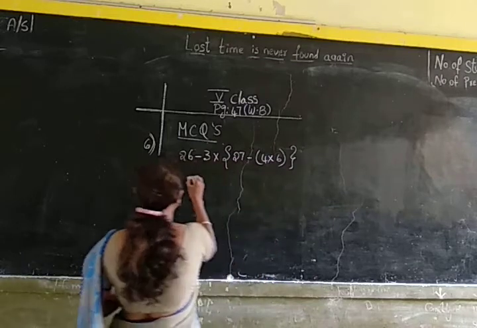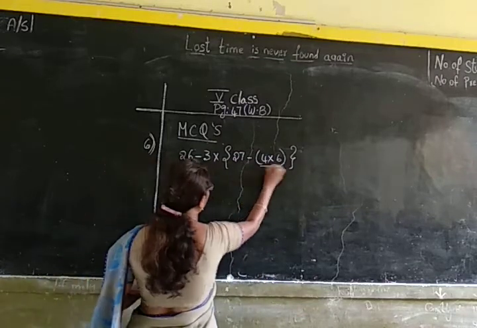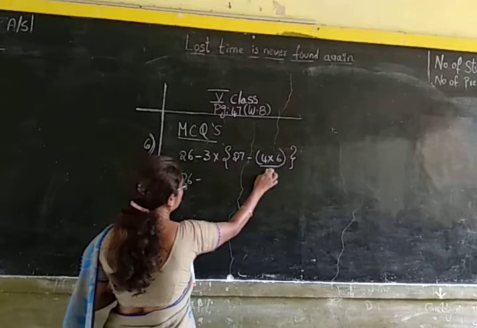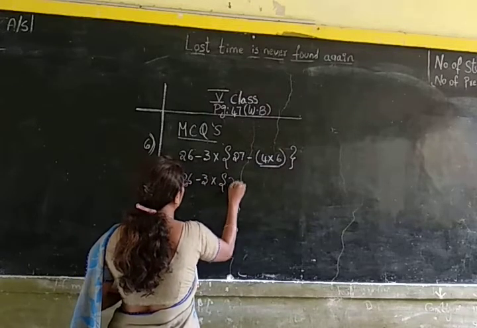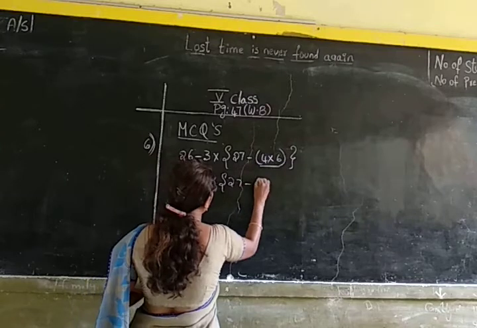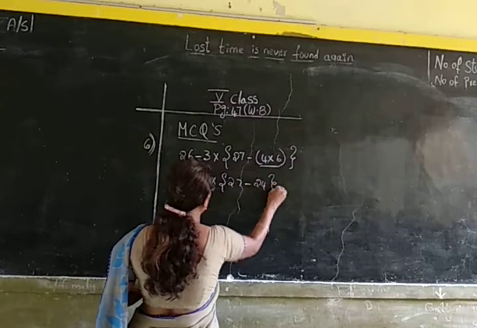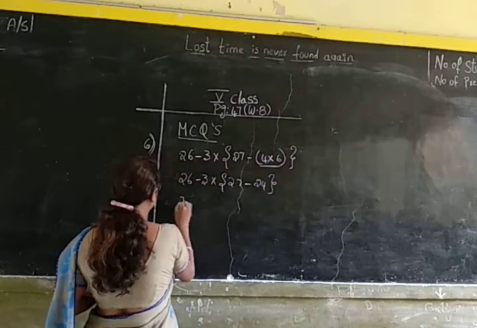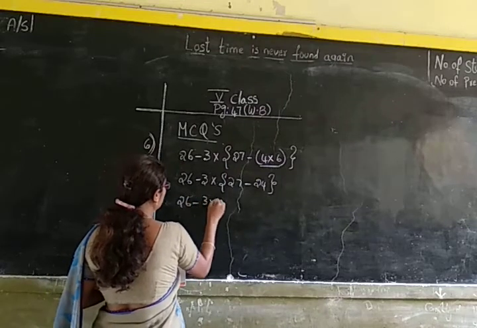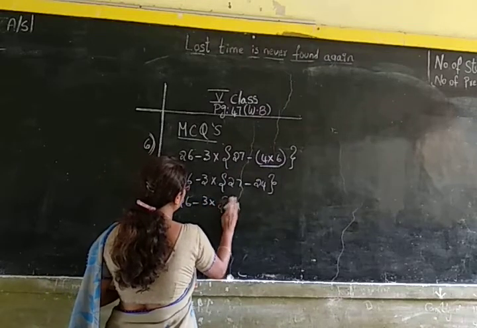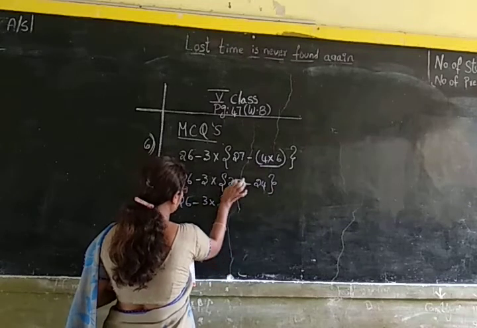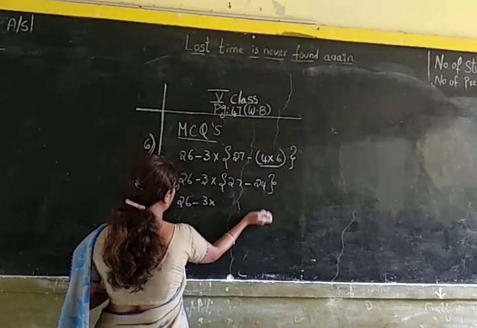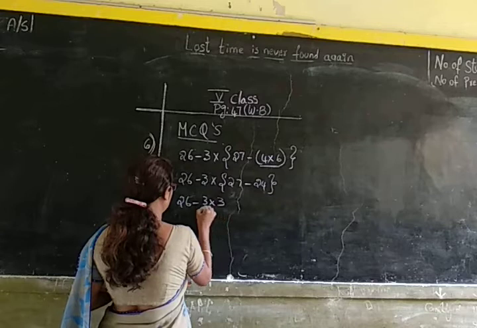Okay children. First you have to solve the terms in the round bracket. So 4 sixes are 24. 27 minus 24 is 3.